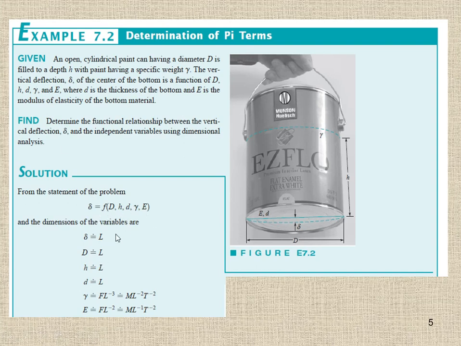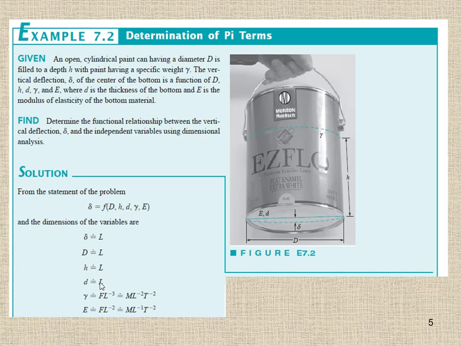If we solve this problem using the MLT system, then in the MLT system the dimension of deflection is L, the dimension of diameter of the cane is L, the height of the liquid is L, the thickness of the bottom plate is L, and the specific weight is equal to weight over volume.